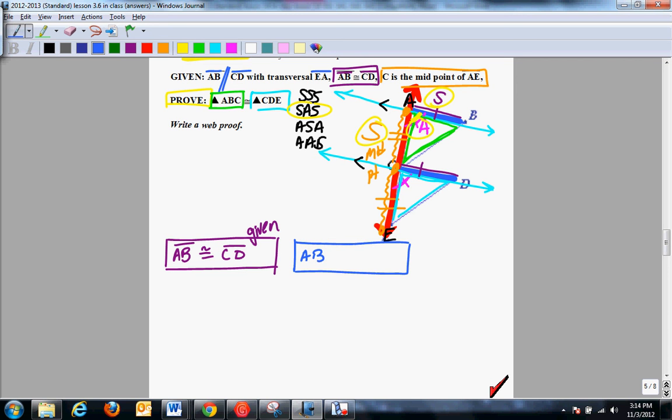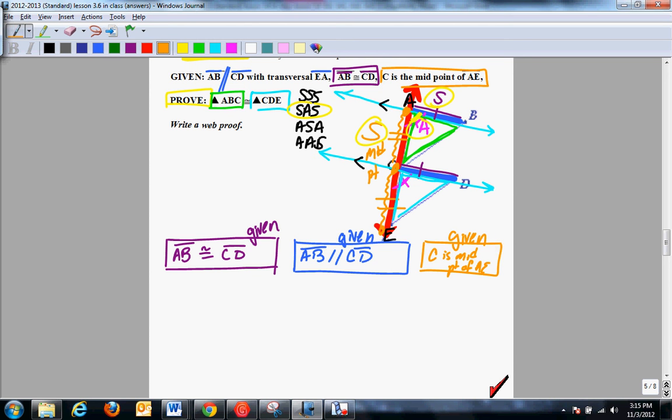Also, AB and CD are parallel because it's given. And last, C is the midpoint of AE. Because it's given.